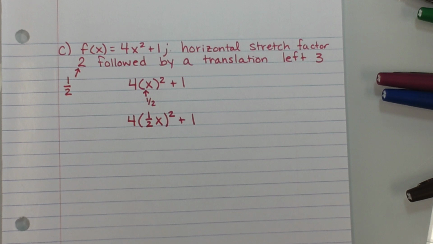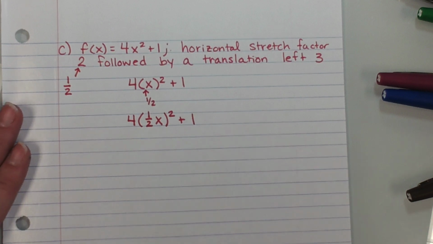Technically, yes. You can square the 1/2, square the x, because there's no addition or subtraction, you can do that. If there was adding or subtracting, you couldn't do that. But there's no plus or minus here in the parentheses. You could square both of these and then simplify some things down, but since we're leaving this in a vertex-ish form, we're gonna leave it.